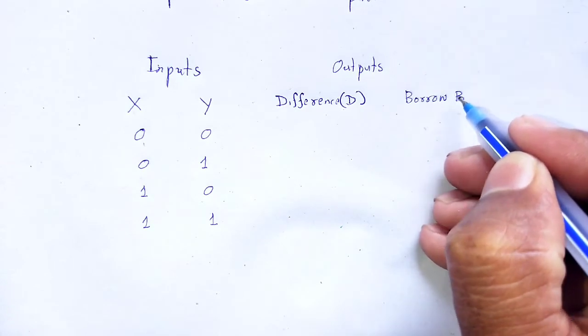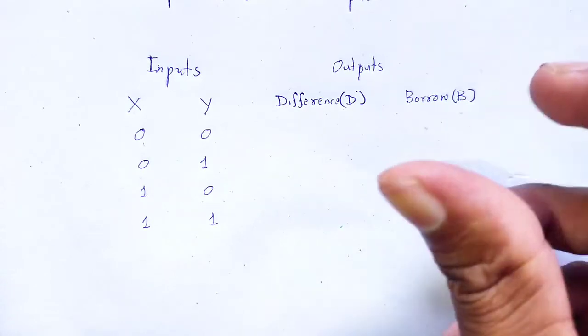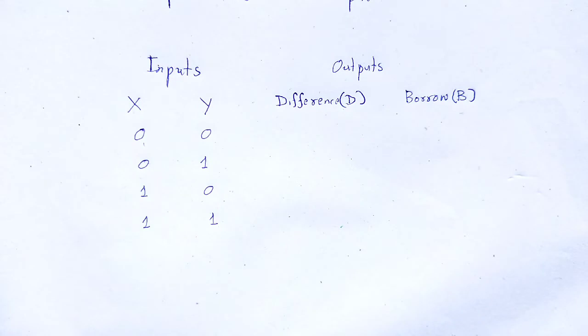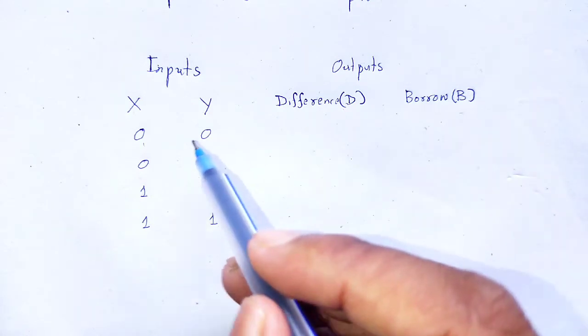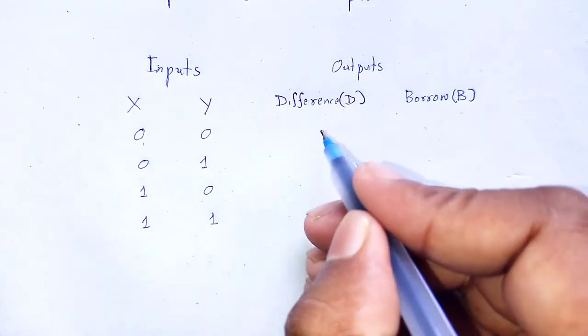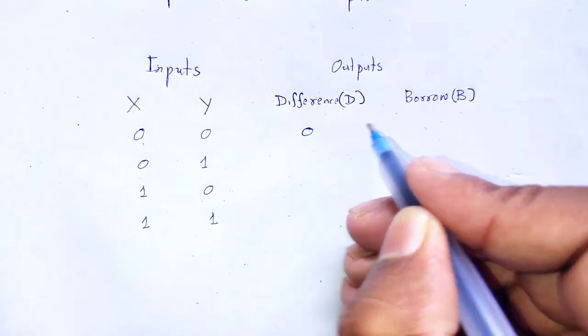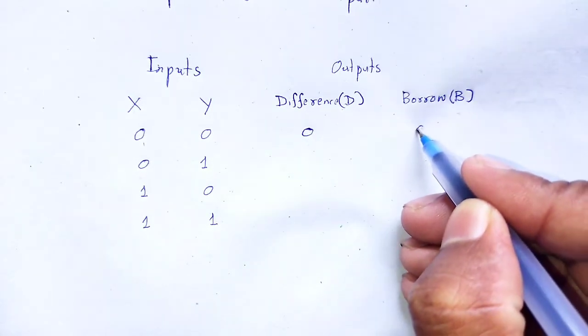Generally, when we subtract one decimal number from another decimal number, a borrow is used for subtraction purposes. Same thing here: when 0 is subtracted from 0, the difference is 0, borrow also 0.